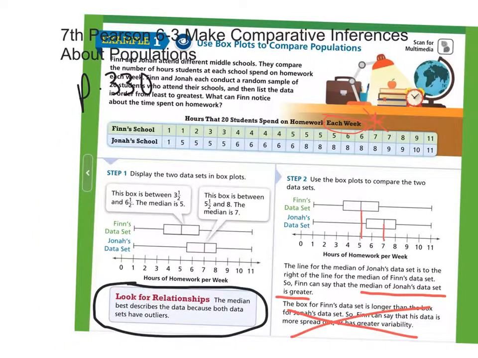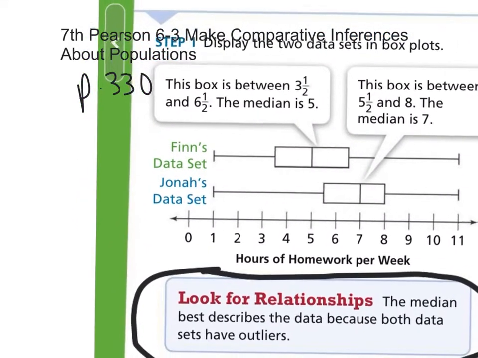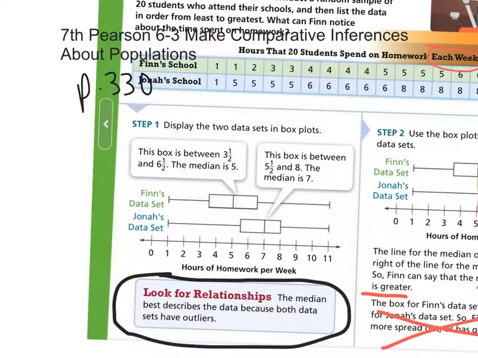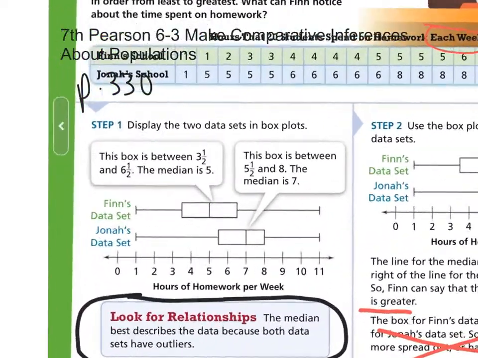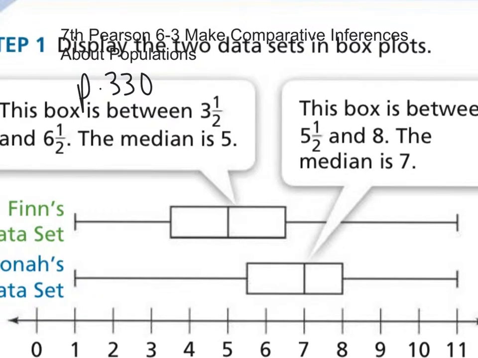So what they did is they took the information and they made box plots. We did this last year, but just refreshing your memory real quick. Basically, the lowest number goes at the bottom part of our box and whisker plot.